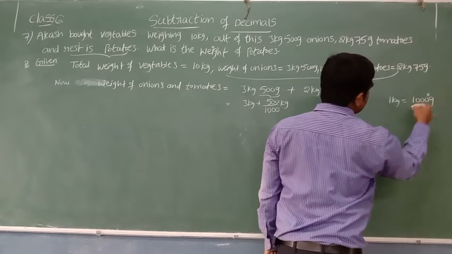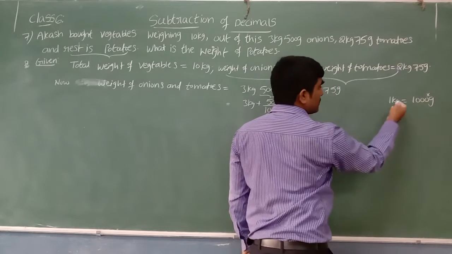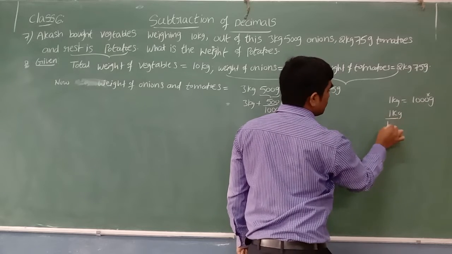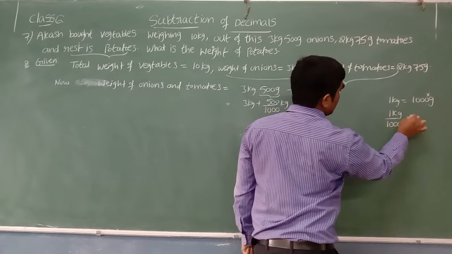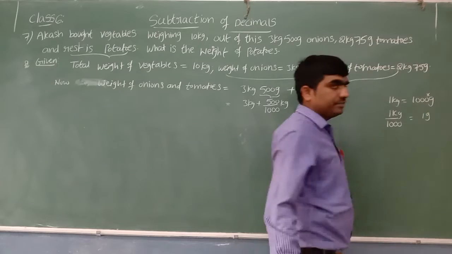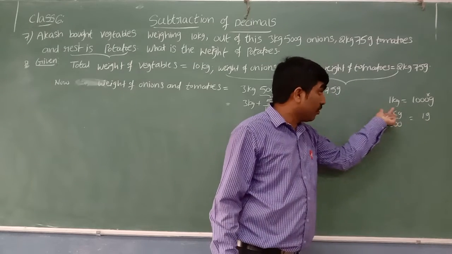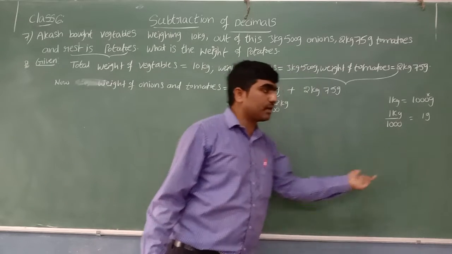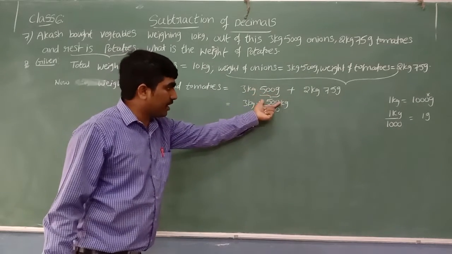If I want grams in terms of kg, we can write 1 kg times 1000, and transposing, 1 by 1000 is equal to 1. So 1 gram is 1 by 1000 kg, 2 grams is 2 by 1000, and 500 grams is 500 by 1000.